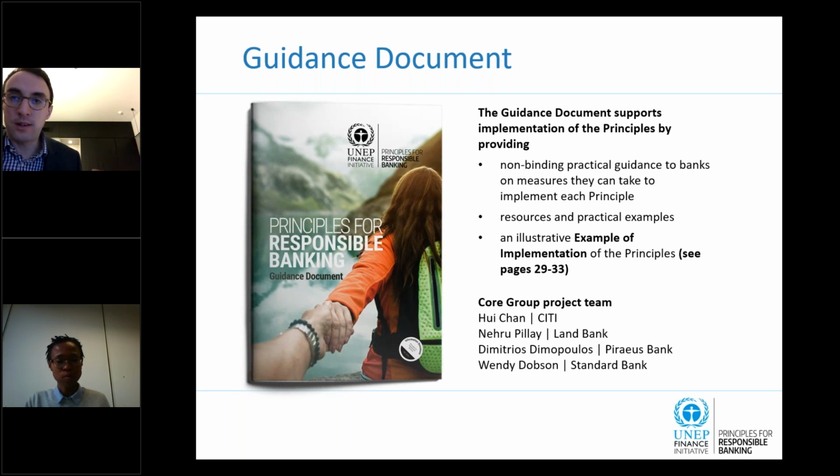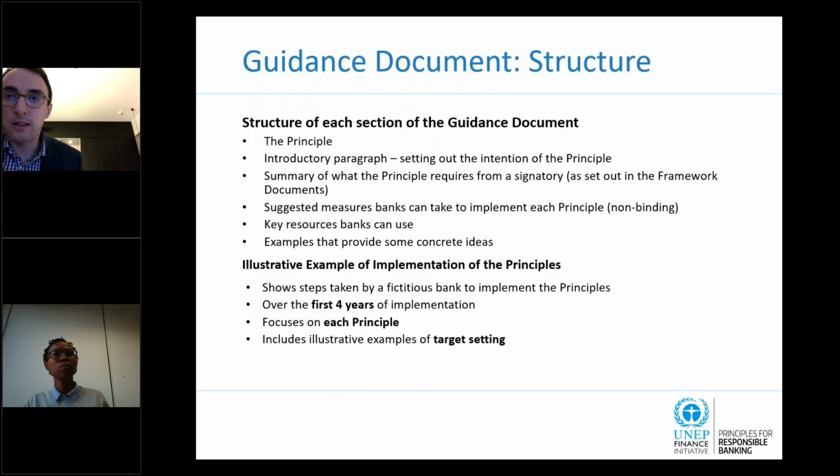And if you go to the next slide, the structure, what we've tried to do to make it as digestible as possible, is to have a consistency in how we put together the guidance document so that we're unpacking each principle.